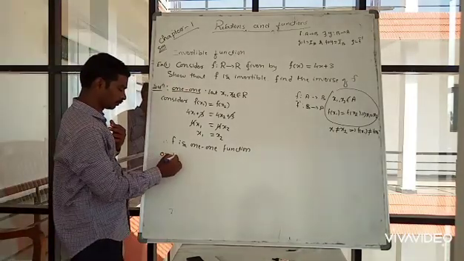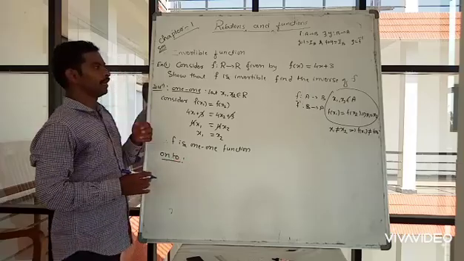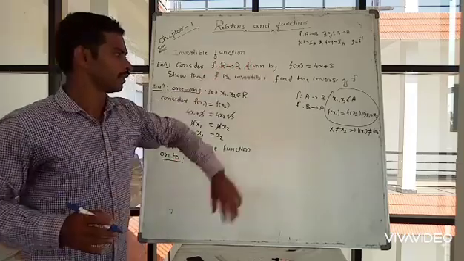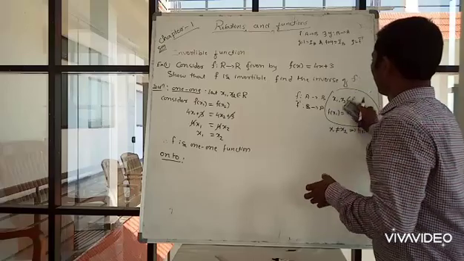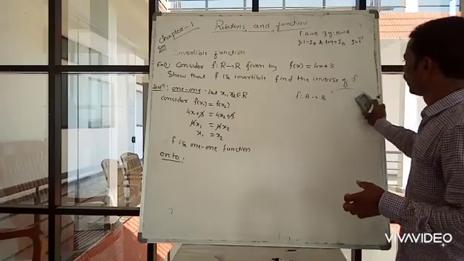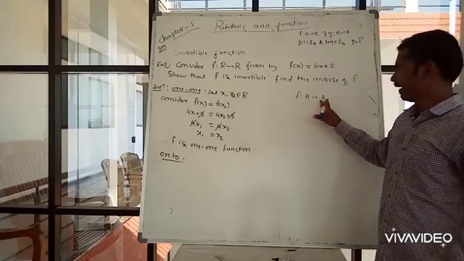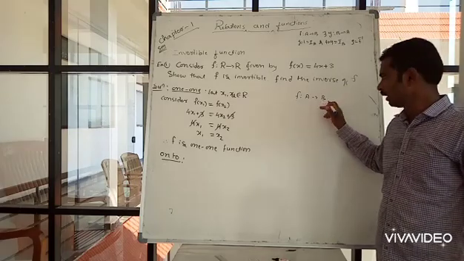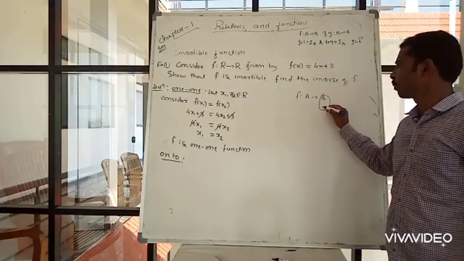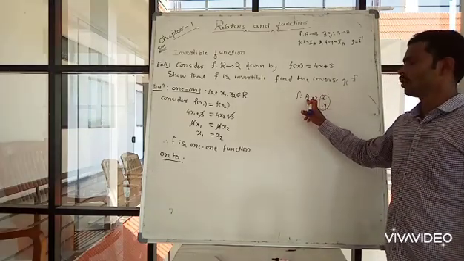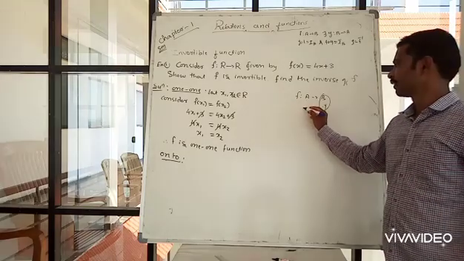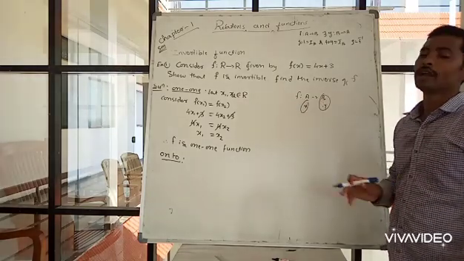For onto, here is the definition of an onto function. Any function f from capital A to capital B is onto if each element y of the codomain is the image of some element x of the domain.